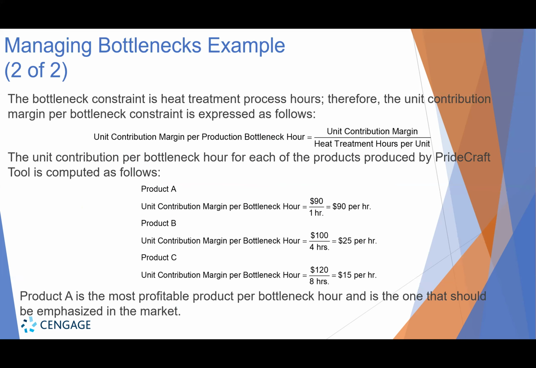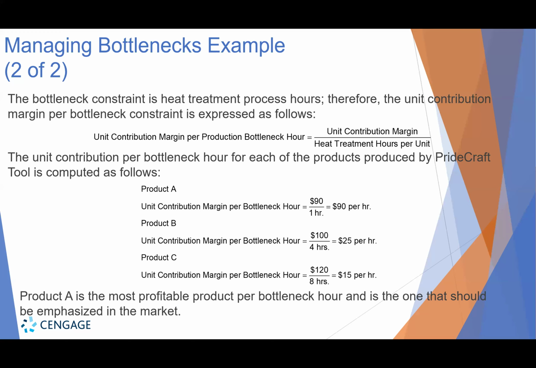The bottleneck constraint is in the heat treatment process hours. So the unit contribution margin per bottleneck constraint is shown as the unit contribution margin divided by the heat treatment hours per unit. So with product A, we've got $90 per hour.